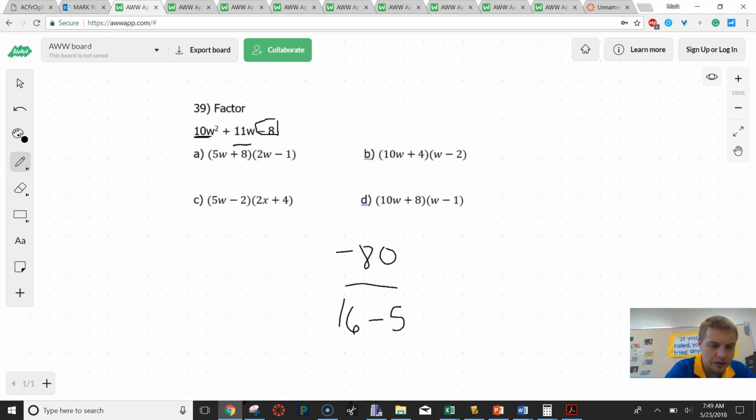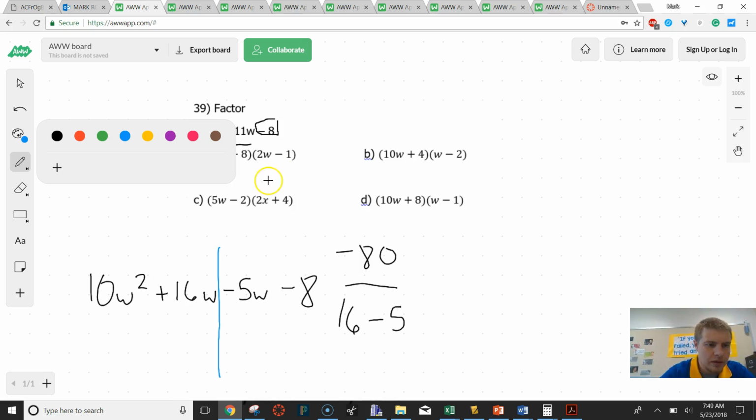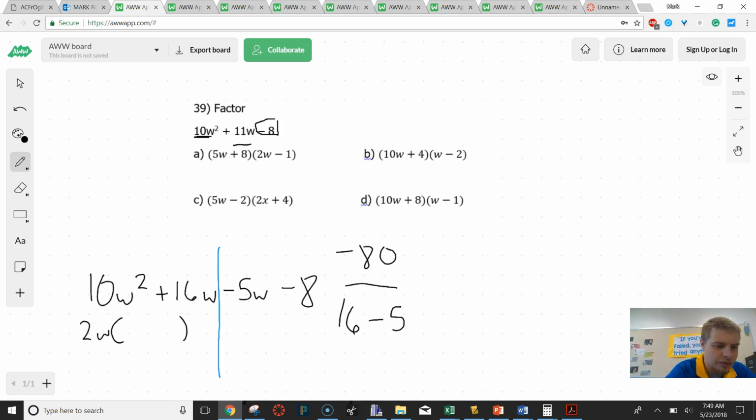And so then we replaced our new middle with those old numbers. And now once we have our new middle, we're going to cut this thing in half. When I cut this thing in half, I'm going to factor out the like terms here, which is 2w.